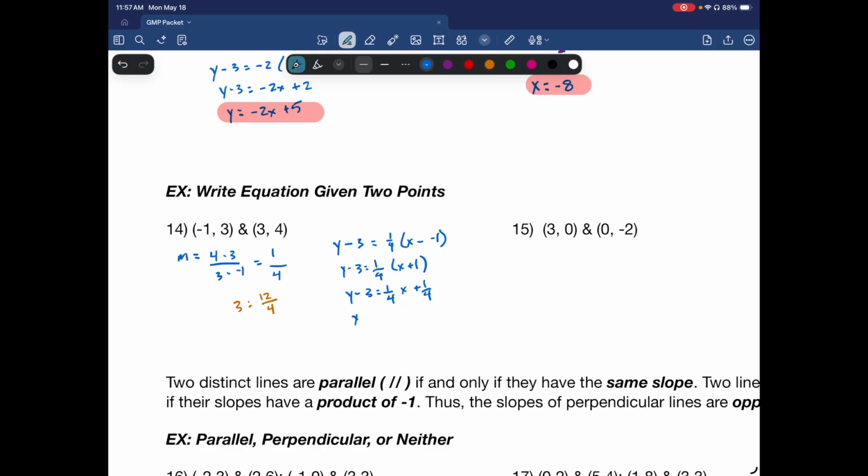If you add the 3 to the other side, that's going to be the same thing as adding 12 over 4. So y equals 1/4 x plus 13 over 4 as your equation.